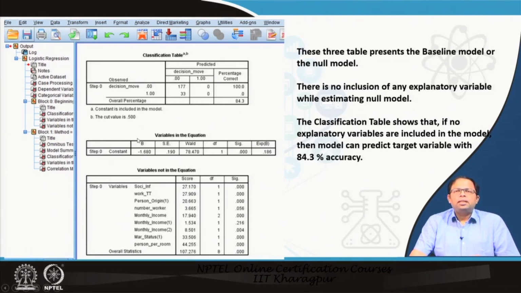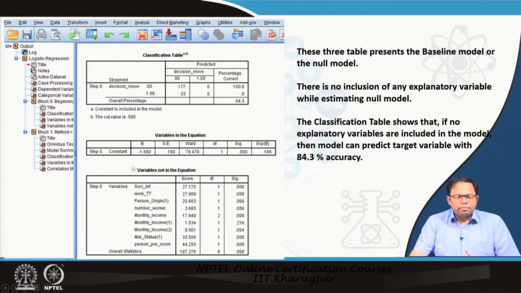That means we have only the constant value in the model. So when we do regression, I will explain that. There is beta 0 plus beta 1 x1, where x1, x2, x3 are the variables, beta 1 x1, beta 2 x2 and so on. So this is basically the regression equation. Beta 0 includes the effect of all the variables which are not there in the model but have an influence on the final decision.